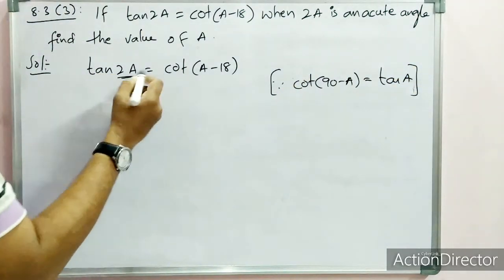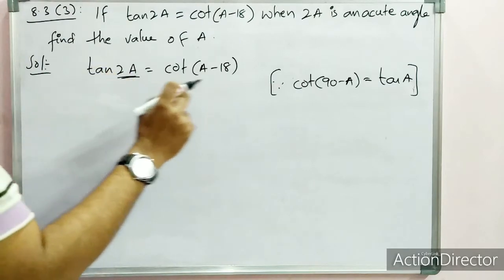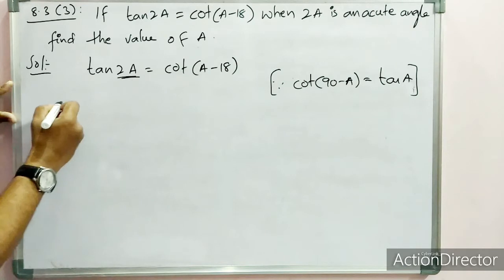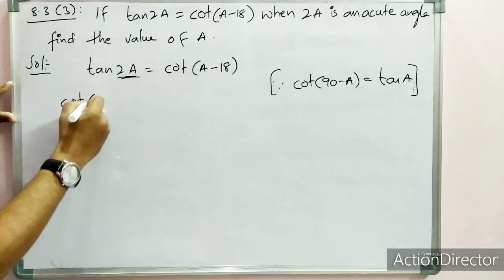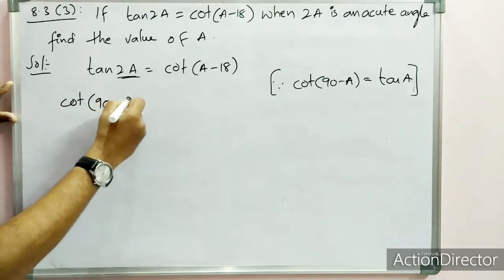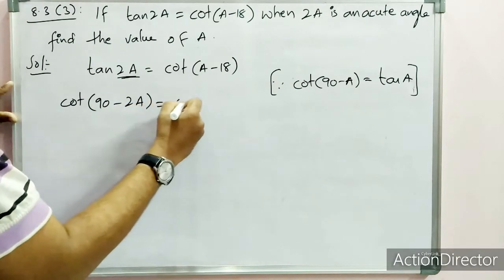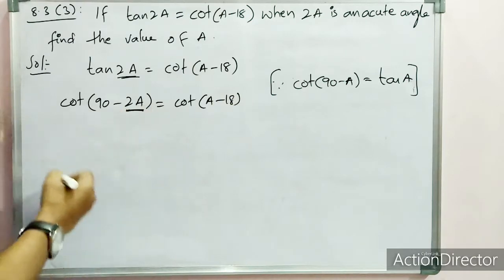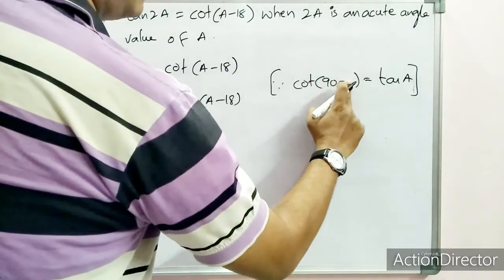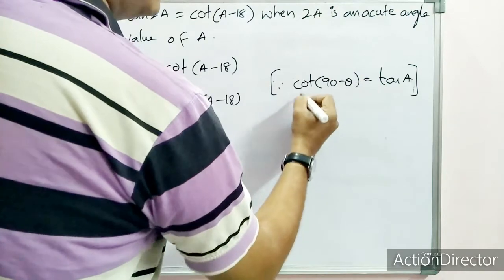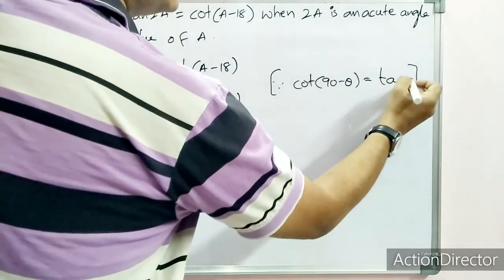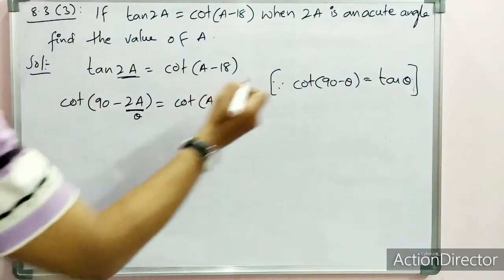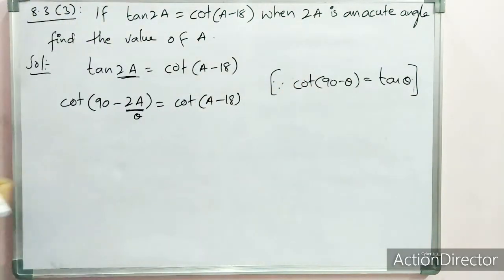Therefore, instead of a we have 2a here, so tan 2a I can write as cot (90 minus 2a), which equals cot (a minus 18). Simple. Let this be the angle theta. Don't get confused, use cot (90 minus theta) is tan theta.